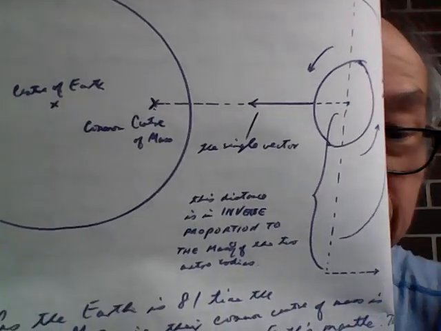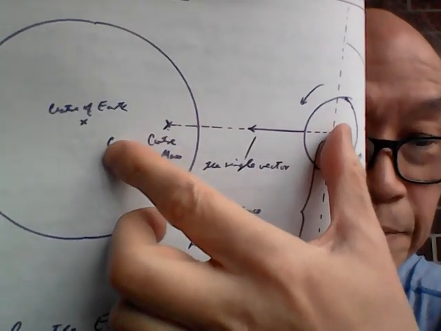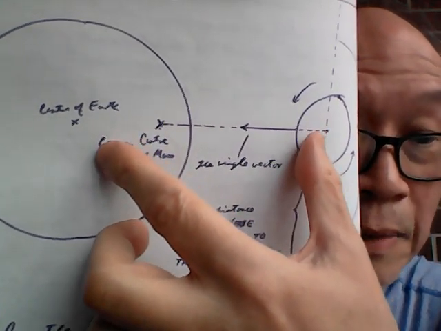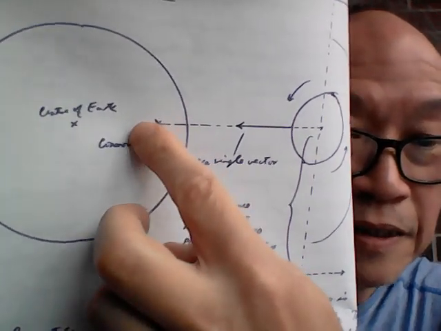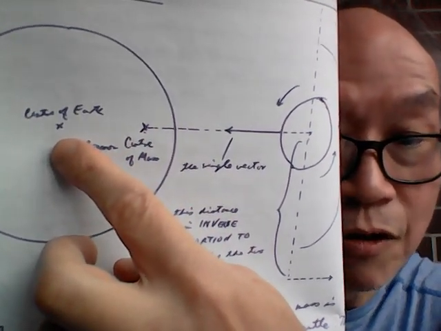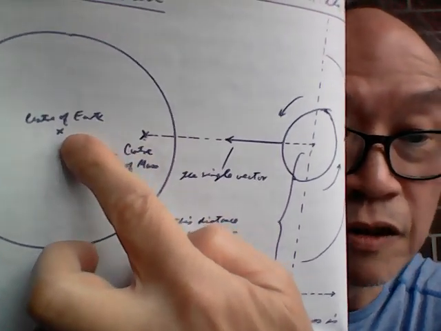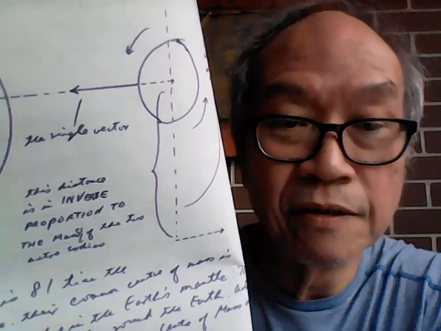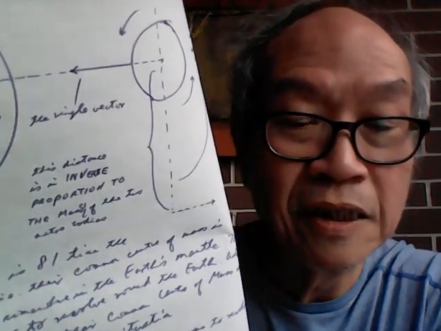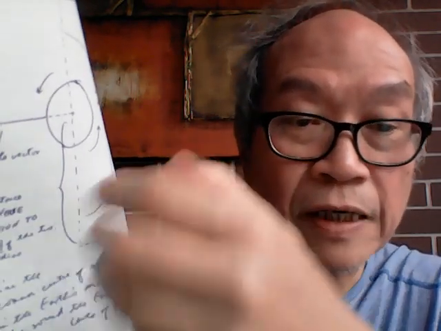So in inverse proportion to the mass, the common center of mass of the Sun and the Earth is somewhere near the center of the Sun. So the Earth almost revolves around the Sun. But very precisely, both the Sun and the Earth are revolving around the common center of mass. The Earth does not revolve around the Sun, but around the common center of mass.